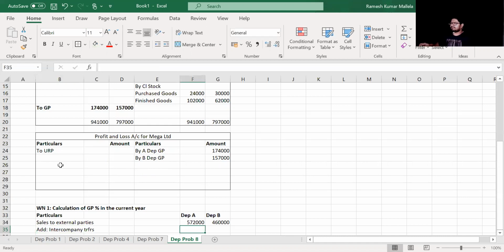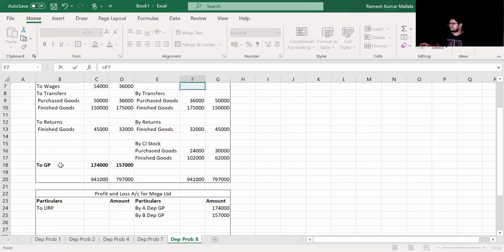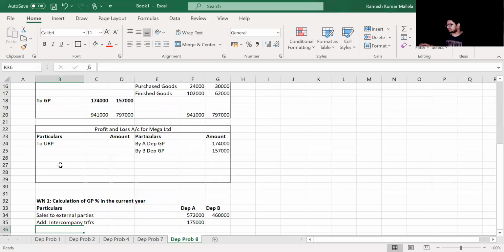So what are the intercompany transfers? There is transfer of 1,75,000, right? Plus 36,000. If it is finished goods only, I'm supposed to consider, because purchases are transferred at cost only. Okay. So it is finished goods which I'm supposed to take. So it's 1,75,000 minus a return of goods is also there, which we are supposed to consider.